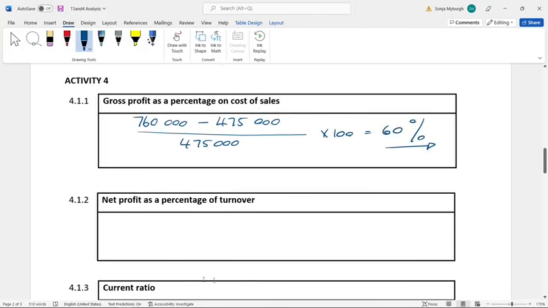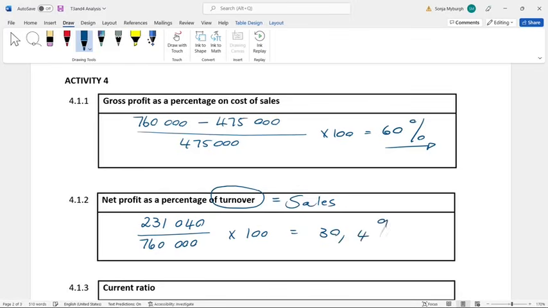Number 2, we have to calculate the net profit as a percentage of turnover. Now, turnover is equal to sales, just another word for sales. The net profit, they've given us the net profit: 231,040. On turnover, on the sales, 760,000, times 100, is 30.4%.